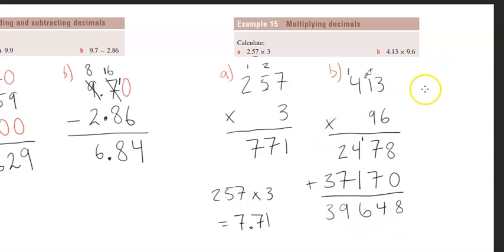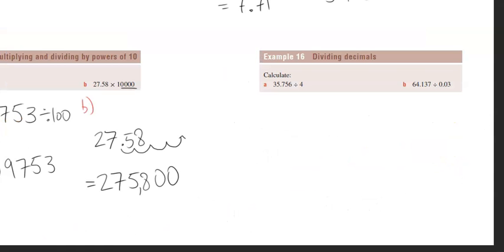Now, we know that 4.13 times 9.6 is equal to, there are 2 decimal places here, 1 here, 2 plus 1 is 3. So 1, 2, 3, the decimal point has to go here. So our final solution is 39.648. The last 2, example 16, is dividing decimal places.